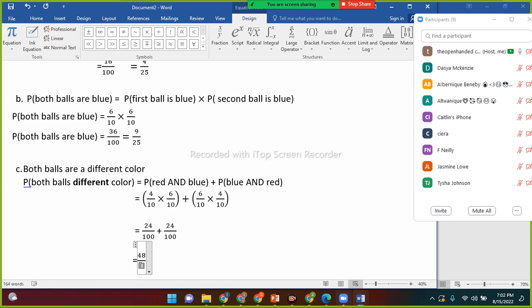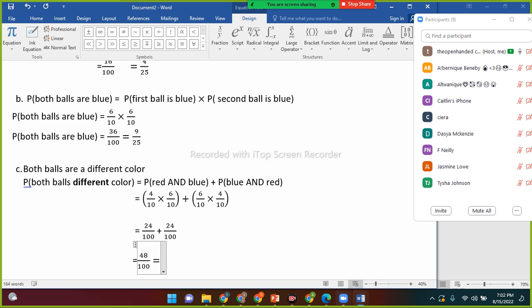No, sir. So you just leave it as 100. So the answer is 48 over 100, which we can simplify to 12 over 25.